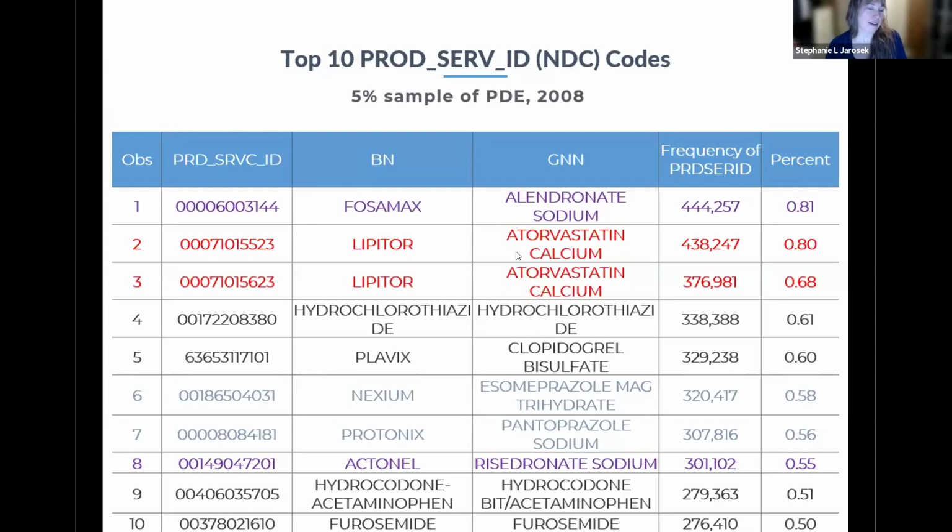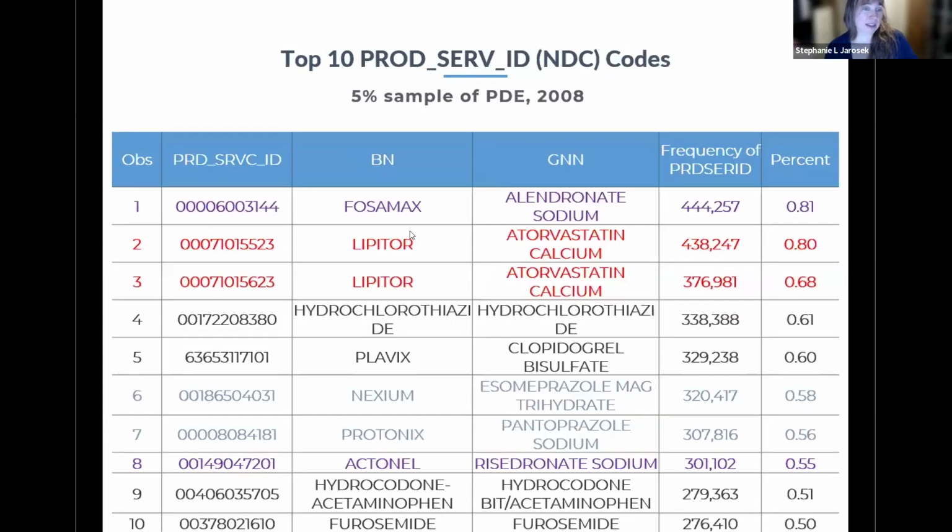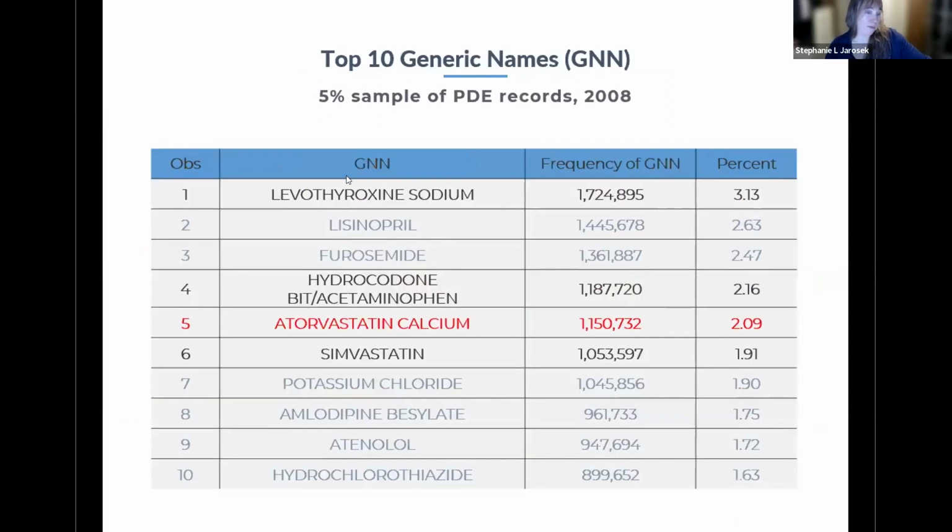But so we do have the limitation with product service ID that if you're just running frequencies on product service ID, you're not necessarily going to be combining things that you might feel like should be combined. When we look at generic names, you can see that we already have a difference. For product service ID, Fosamax was the number one. But now if we look by a generic name, we have levothyroxine, thyroid medication, that's number one.